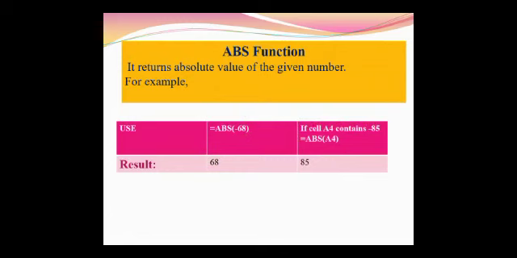You can use a cell address also in the formula. If cell A4 contains -85 and you write =ABS(A4), so -85 will be converted to a positive value and 85 will be given as the result.